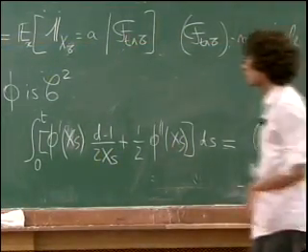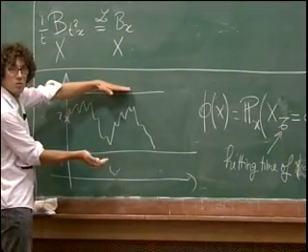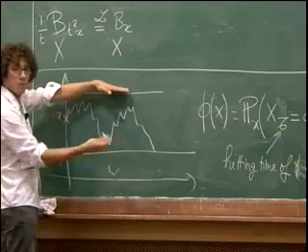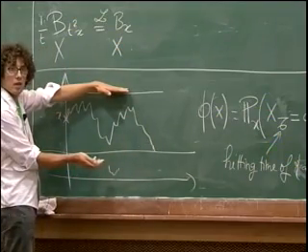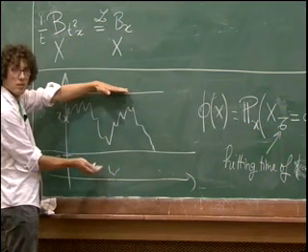Phi of x is the probability, starting from x, to exit this interval at time tau from A. Tau is a hitting time, a random variable.